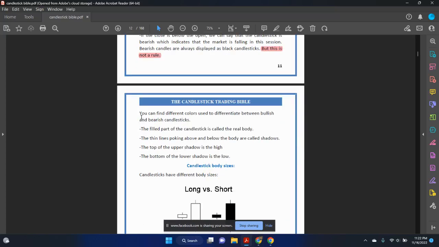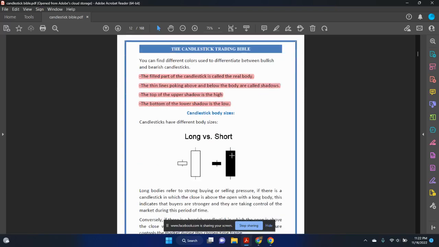I want you guys to highlight this so you can always go back to it. Highlight the things you think are important that may help you in the long run. The top of the upper shadow is the high. The bottom of the lower shadow is the low.